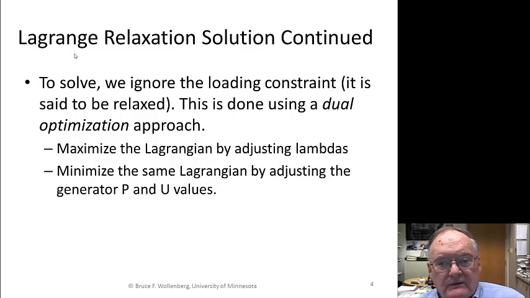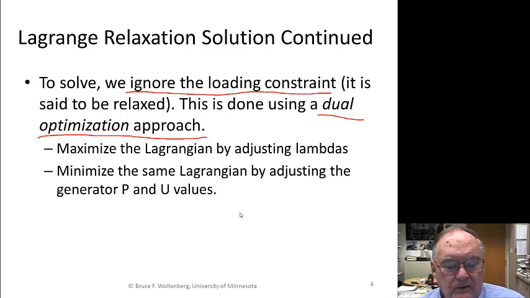So to solve, we ignore the loading constraint. It is said to be relaxed. This is done using what we call a dual optimization approach. We do one thing and then we do another step, and then we come back and forth.